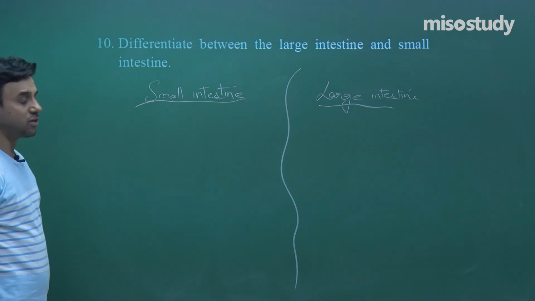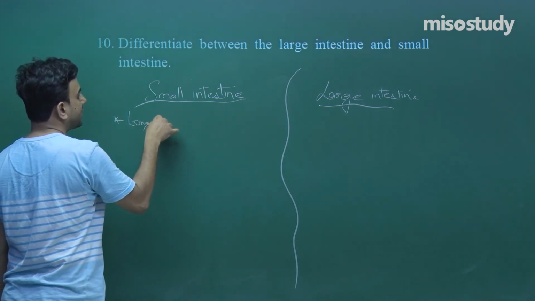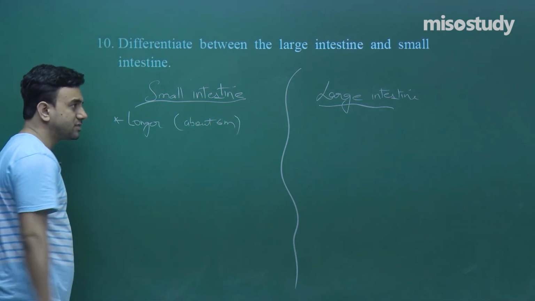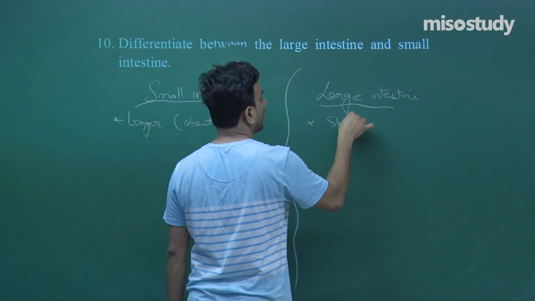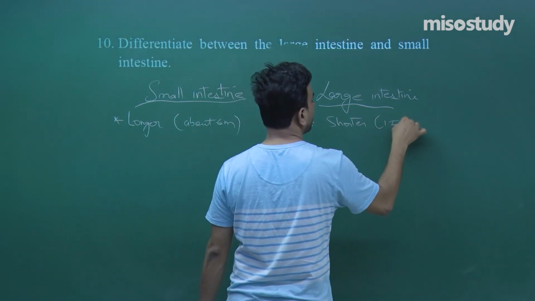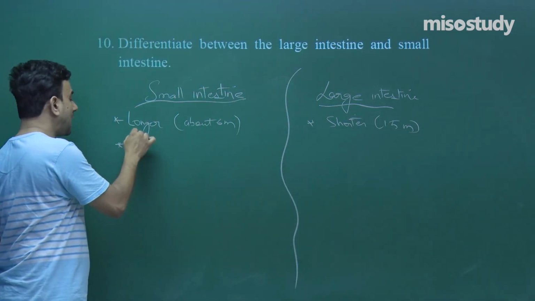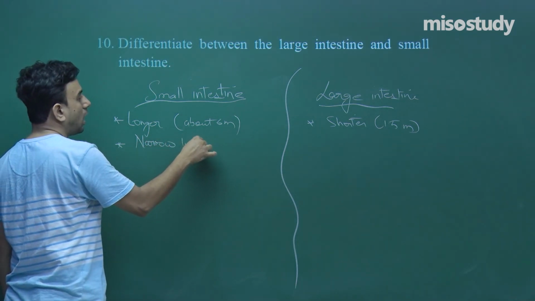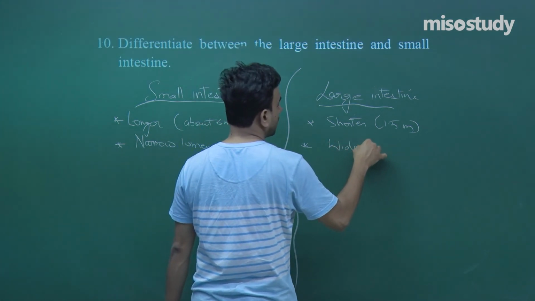First of all, the small intestine is longer, about 6 meters, and the large intestine is shorter, about 1.5 meters. The small intestine has a narrow lumen, however the large intestine has a wider lumen.